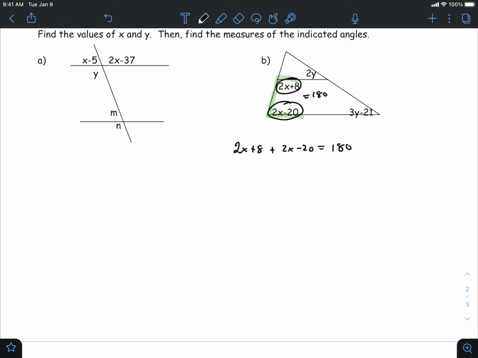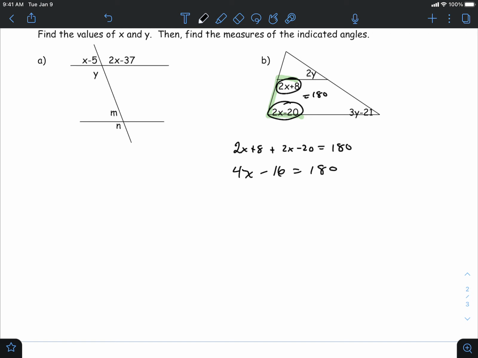So now you could apply your skills from unit 1. We could go, okay, well, 2x plus 2x, that's going to be 4x. So 4x, and then 8 minus 20 is going to be minus 16, has to equal 180. Okay, and then I'm just going to try and get x by itself now. So I'm going to move the 16 over.